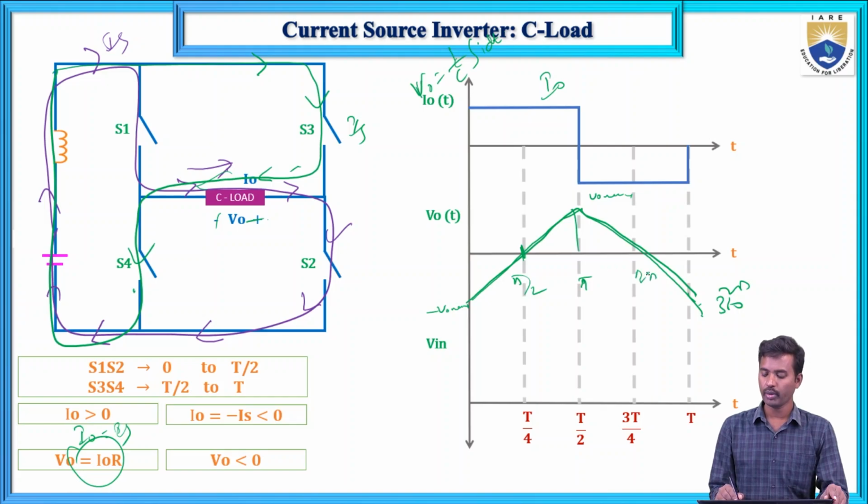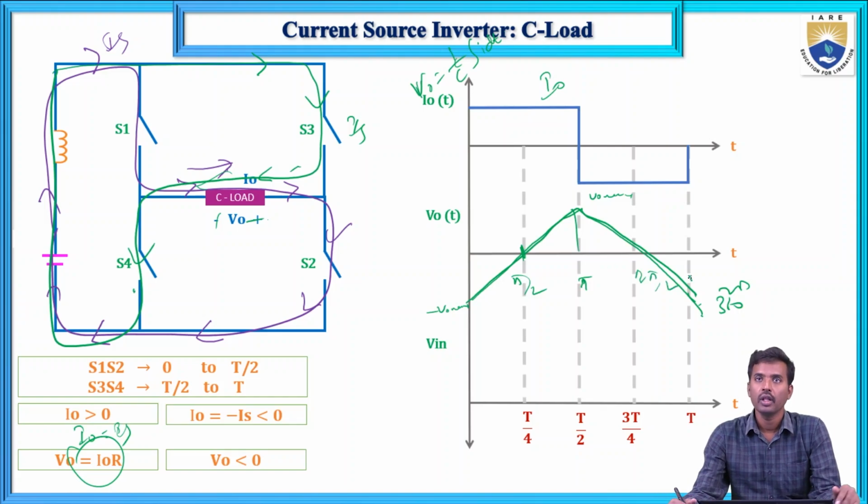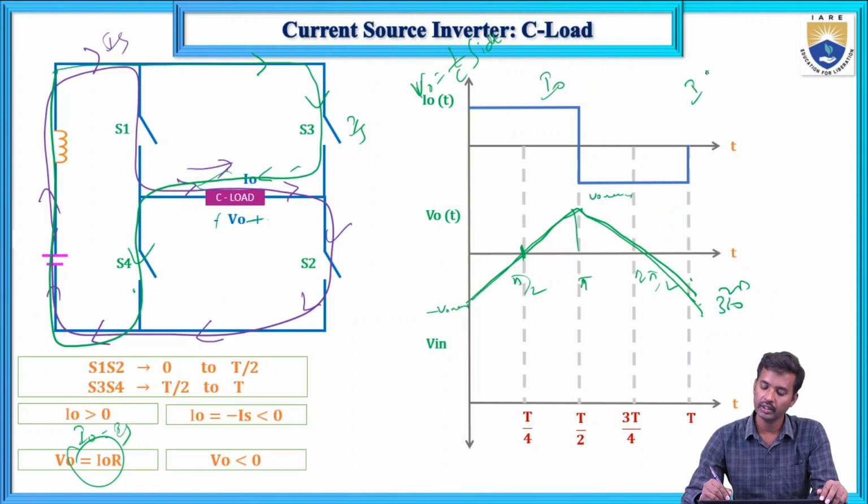Let me tell you first: in case of a pure capacitive load, current leads voltage by pi by 2, and voltage lags current by pi by 2.